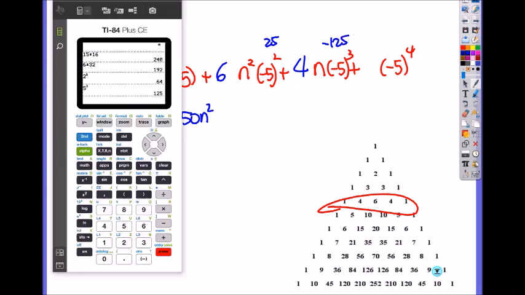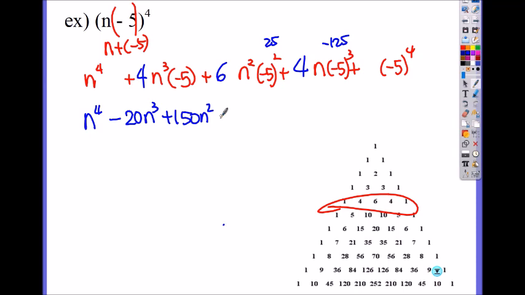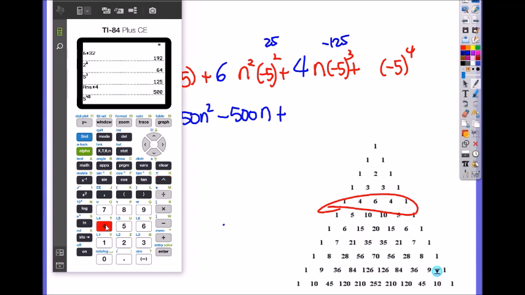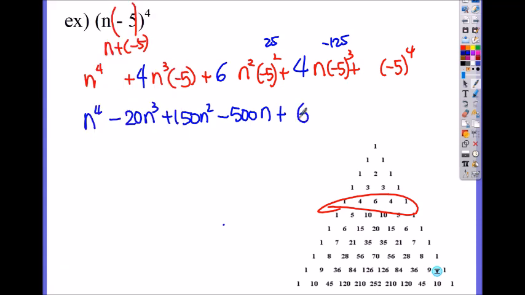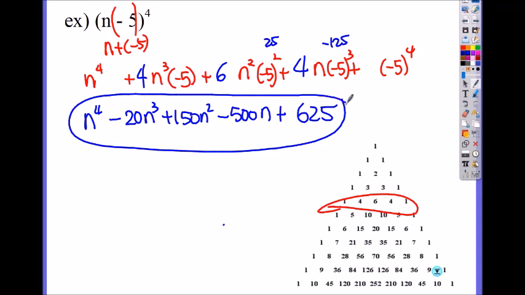So negative 125 times 4 gives me 500. So minus 500 n. And it becomes plus 5 to the fourth power. 5 raised to 4 is 625. Yep, that's how you do it.